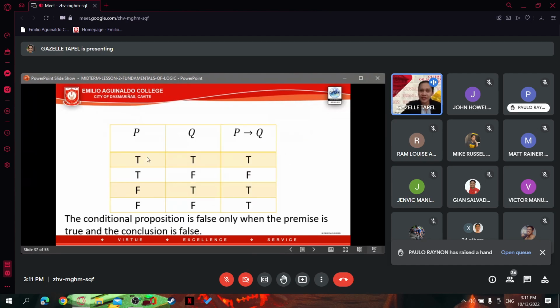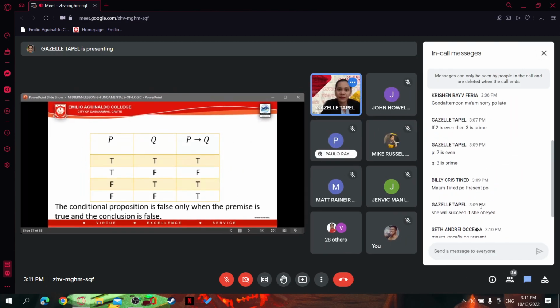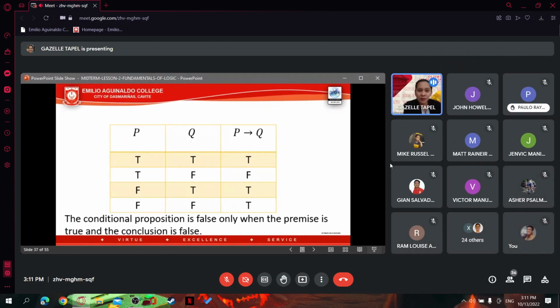Okay. So this is the truth value or the truth table of the conditional statement or implication. So given the P na proposition and the Q na proposition, let's take a look at the truth value ng P implies Q. First column, whenever the proposition P is true, and if the proposition Q is true, pareho silang true. Meaning to say, ang iyong conditional statement is also true.